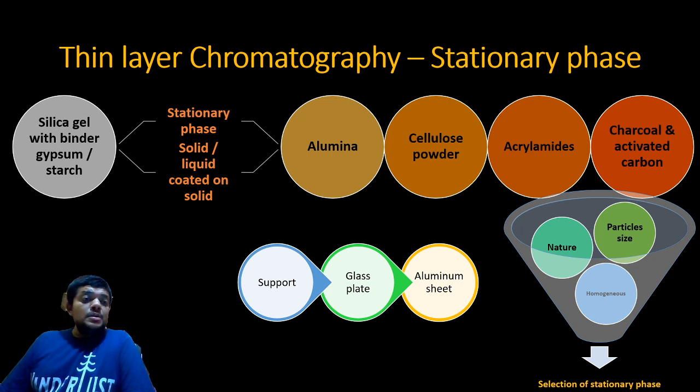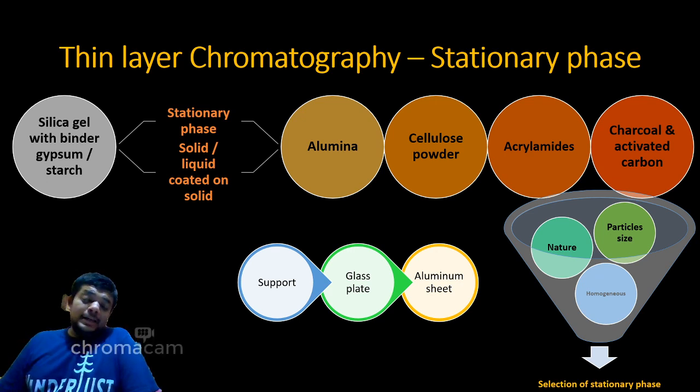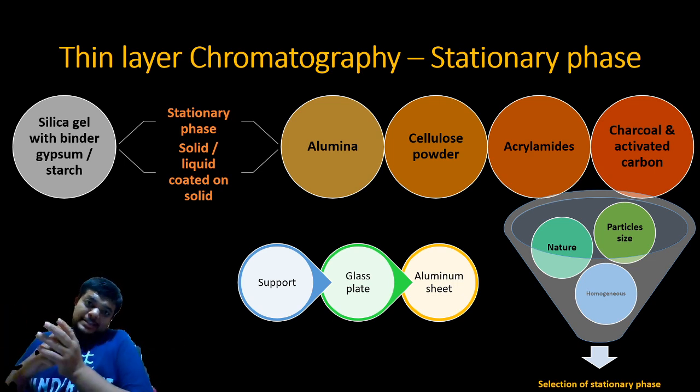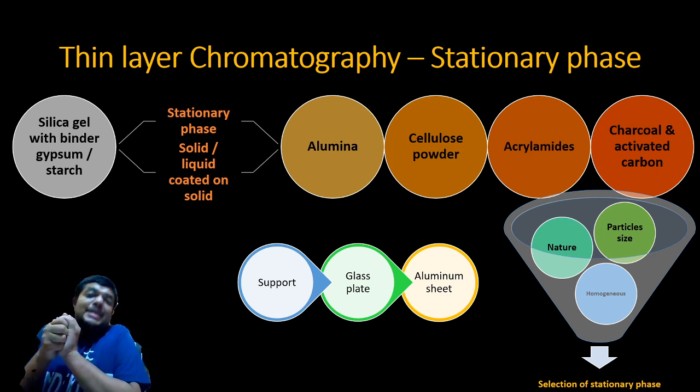You can use silica gel with a binder called gypsum. I have already explained this. If not, I am explaining now. Silica gel G is written as a sticker on the silica gel bottle, where the last capital G stands for gypsum, and that helps in binding the silica to the surface as a binder, a type of cement.